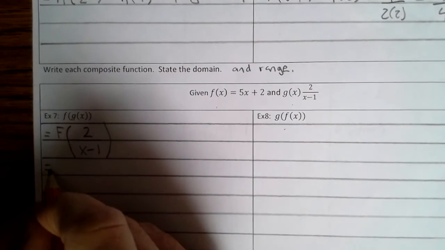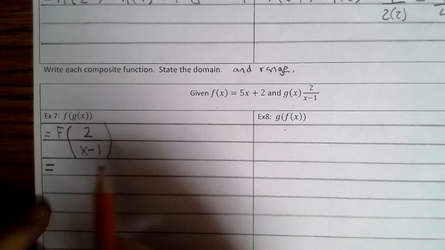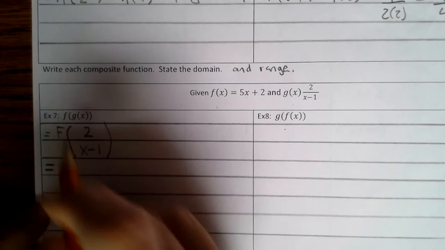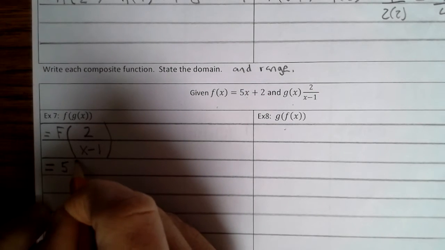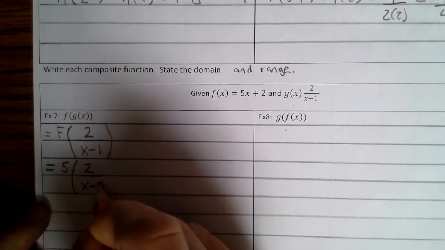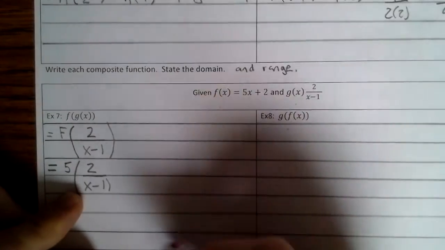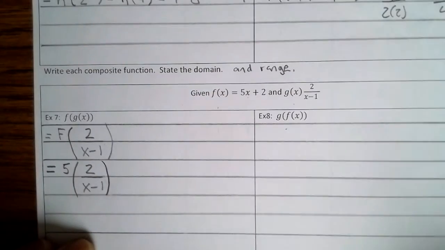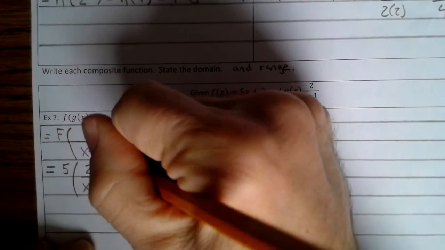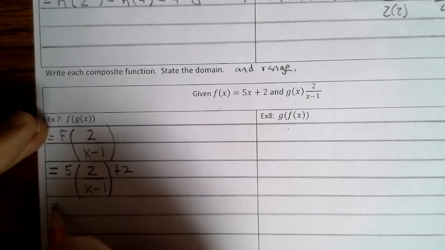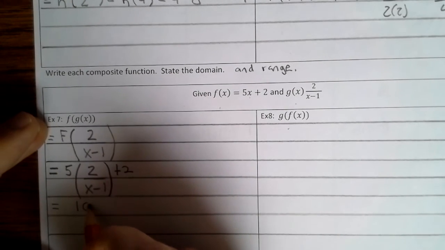So that's equal to 5 times 2 over x minus 1, plus 2. Okay, so that's equal to 5 times 2 is 10, so that's 10 divided by x minus 1 plus 2.